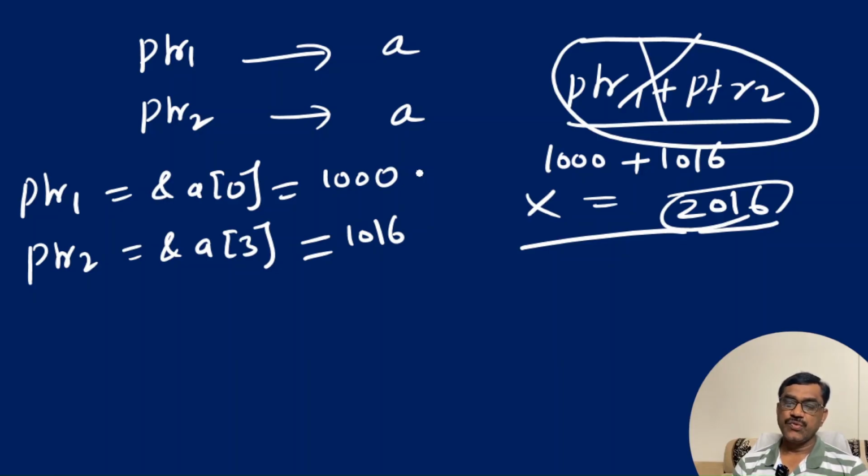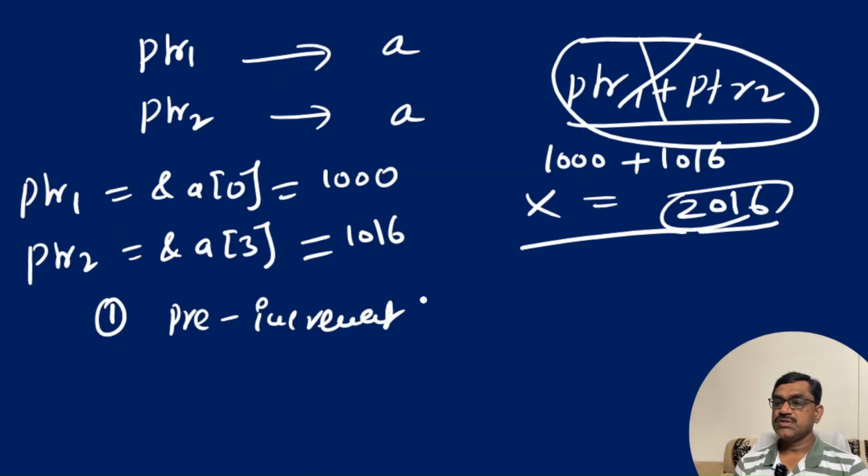That we can do. After that, we can perform other operations. The first one is pre-incrementation. Another one is post-incrementation. These operations can be performed.